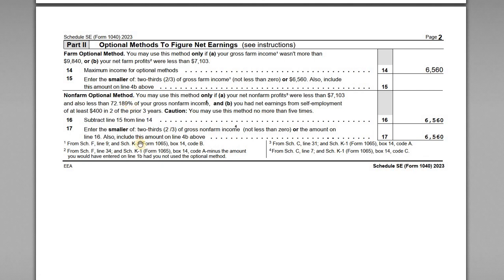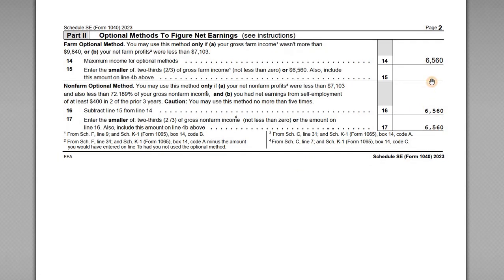And then on to the non-farm optional method, we subtract line 15 from 14, and we're still left with this $6,560 number. Now on line 17, this is where we would enter the smaller of 2/3 of our gross non-farm income, or the amount above here on line 16.